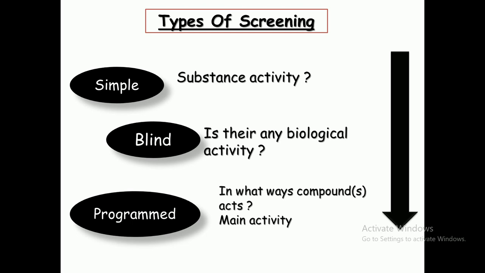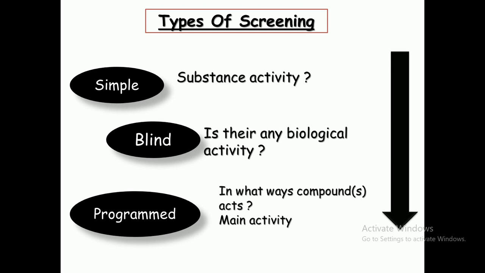In program screening, researchers try to find by which mechanism that particular active drug produces its effect, and also take into consideration the ADR or side effect report, the safety of that drug. So it provides information on what compounds are active in what way.